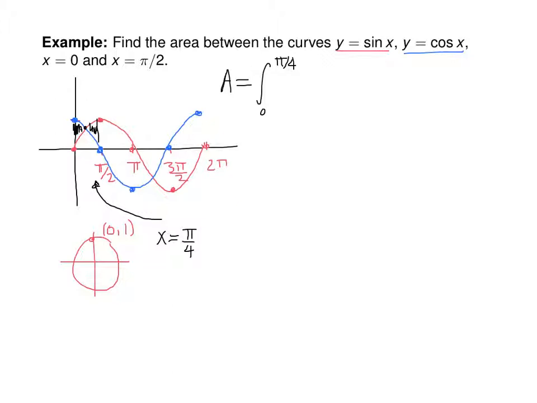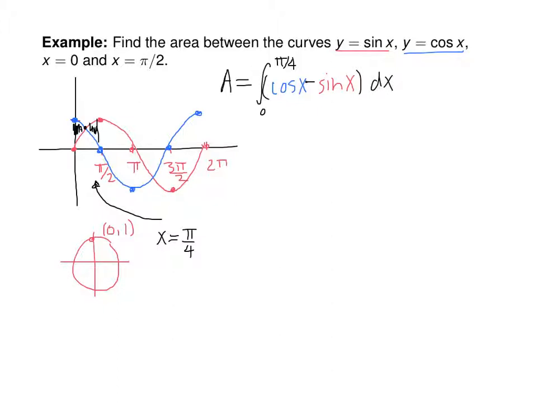So up until pi quarters, cosine is greater than sine. So we will have cosine x minus sine x dx.